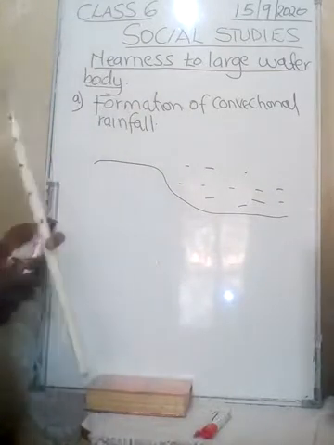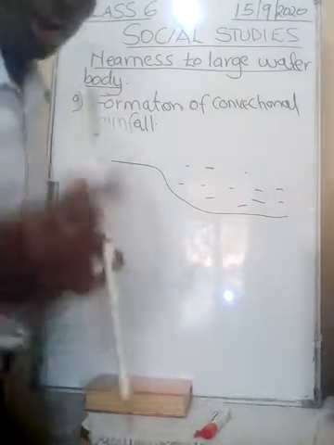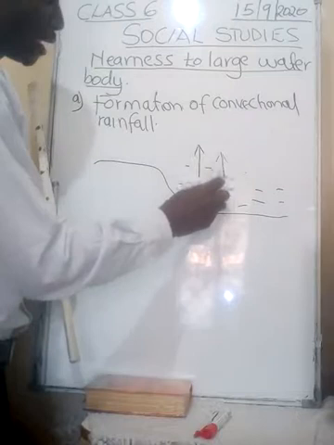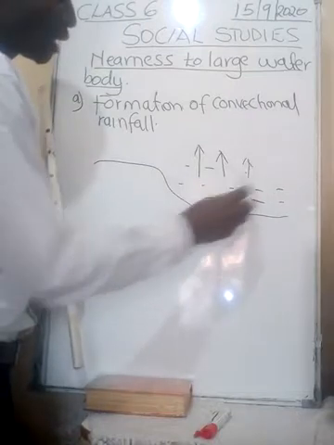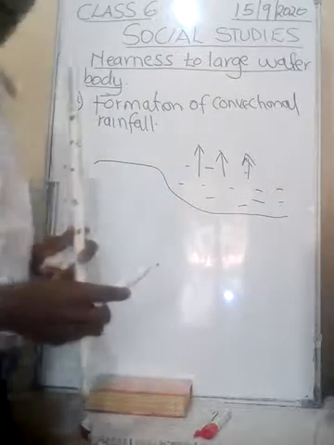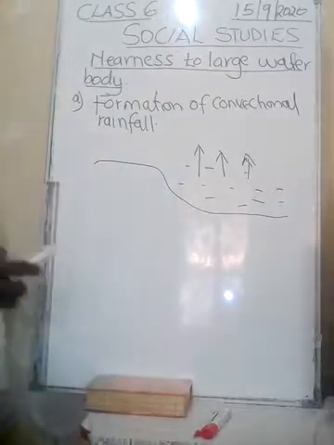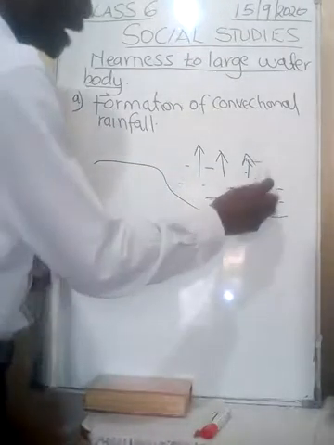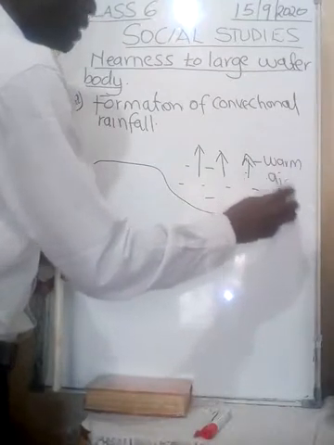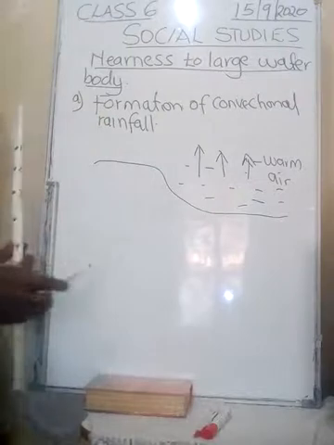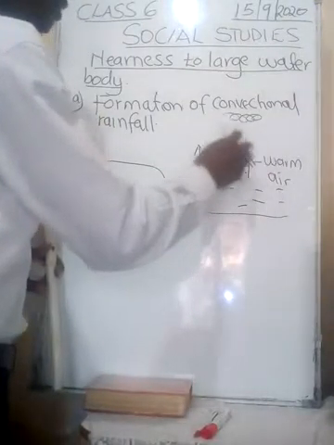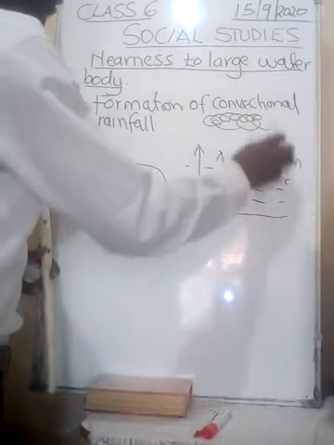So we realize that during a hot day there's moisture coming up, and when it goes up it's going to form what we call moist, warm air. Once it goes up, it forms clouds.